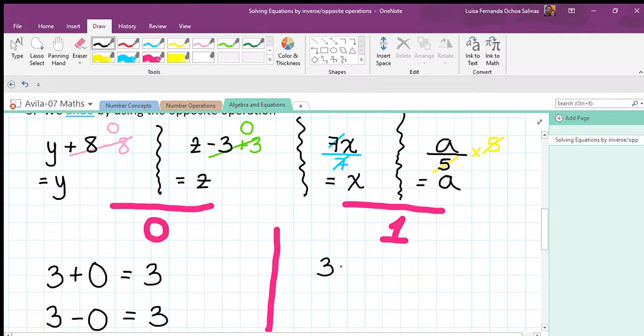So what do I do? 3 times 1 is equal to 3. And if I have to divide it by a number, again, if I divide it by 0, 3 divided by 0 can't be done. So it has to be divided by 1. And it remains 3. Okay, so when I'm doing division and multiplication, I'm canceling and undoing this operation, doing the opposite to get to a 1.